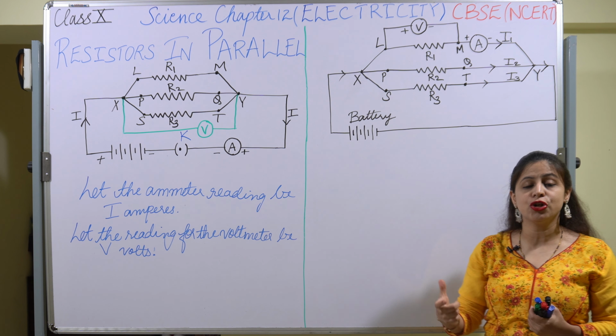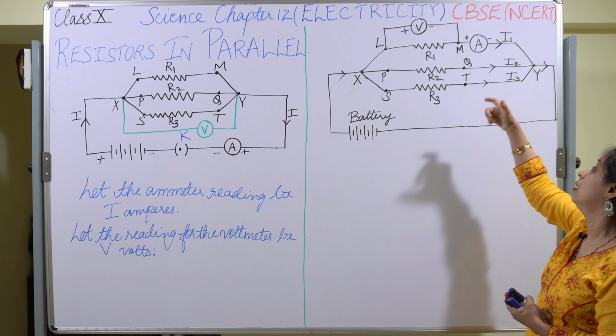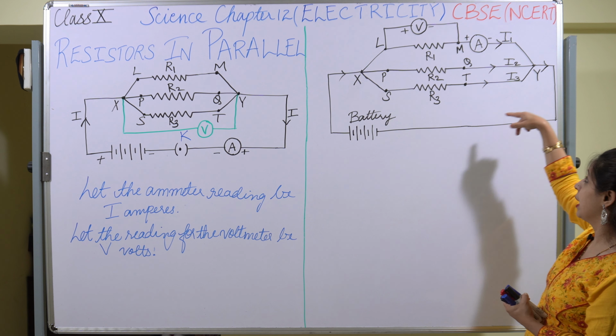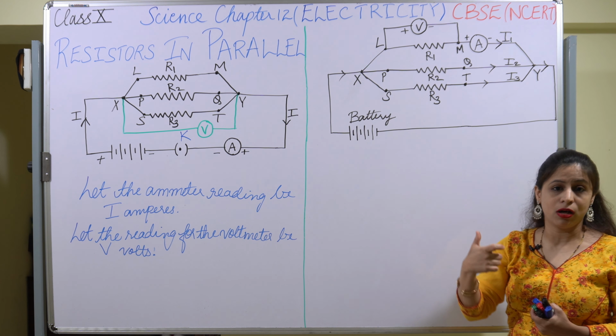So we want the potential difference across only the resistor R1, and also we want the current flowing across the resistor R1.